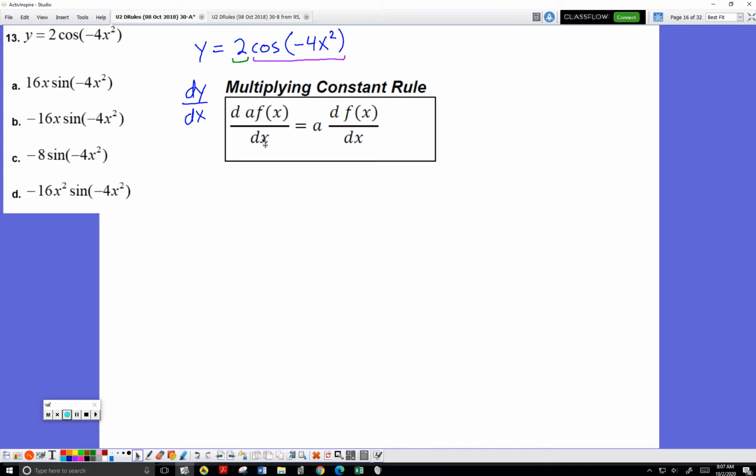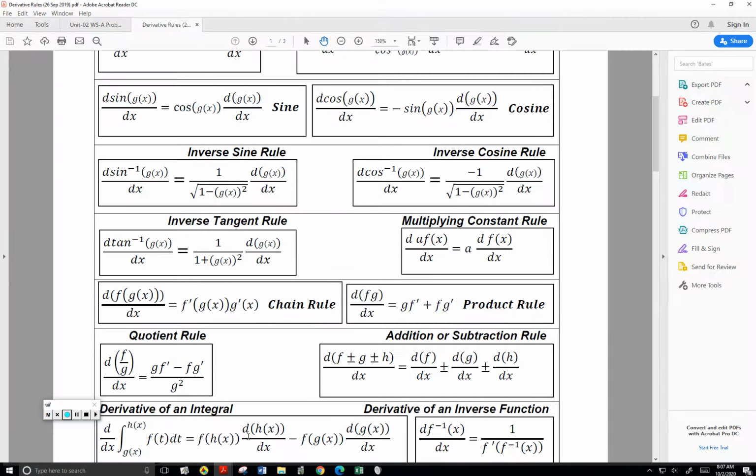Please. So why would you do the multiplying constant rule before the cosine? 4 points for Logan. The cosine rule itself does not allow for an extra multiplying constant. That's why I have to do the constant rule first.